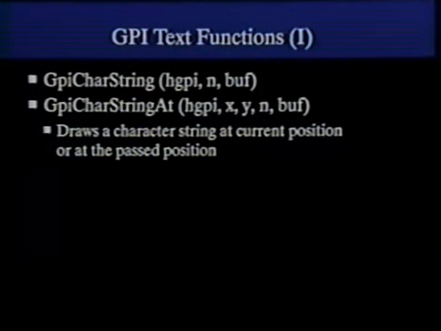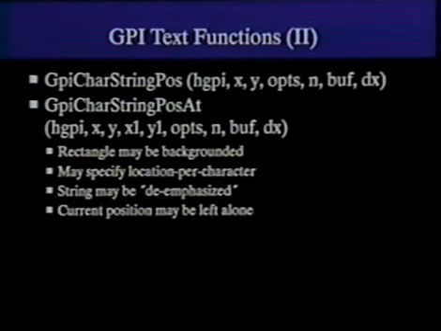There are two more functions, both of which, again, either consume current position, which the GPI char string pos does, or don't consume current position, as GPI char string pos at doesn't. The other parameters here, in addition to the n and the buffer of character indexes, which is to make up the character string, include options, and an additional xy parameter, and finally a dx.